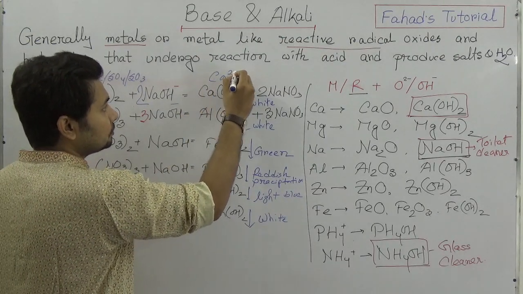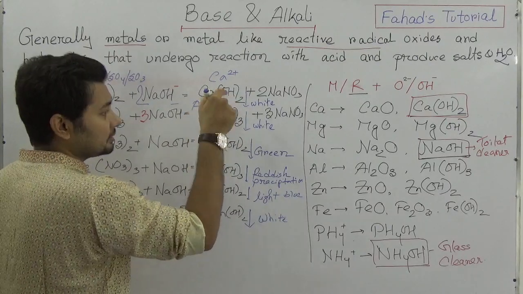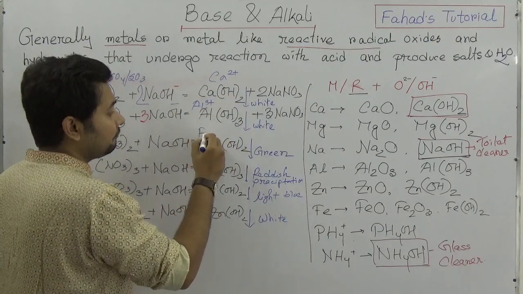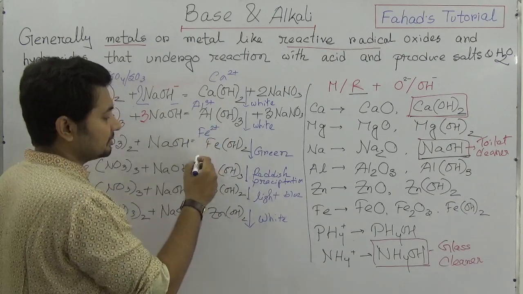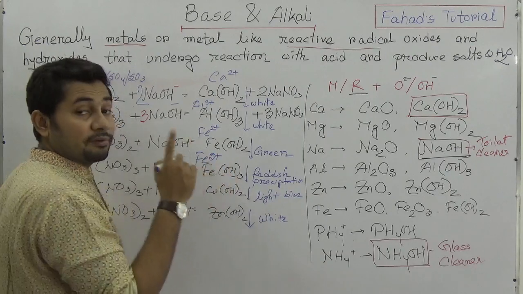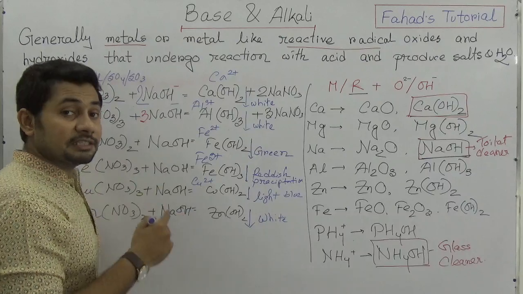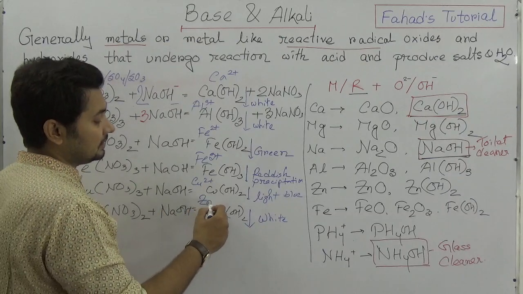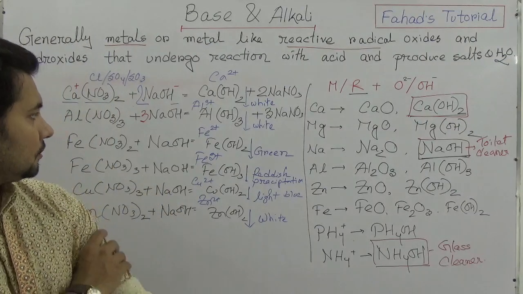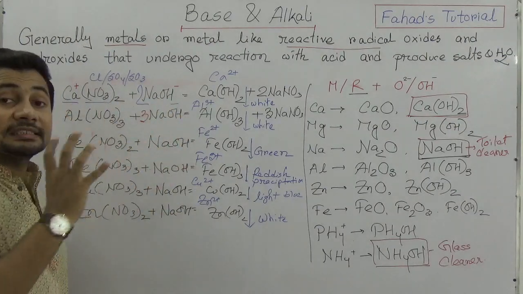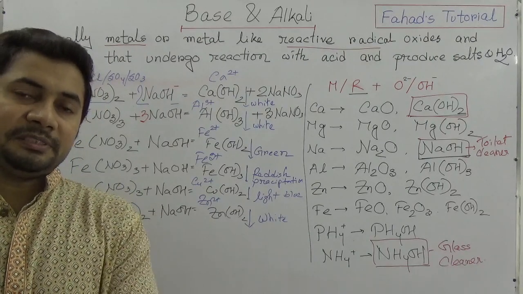So calcium 2+ will have a white precipitate, aluminium 3+ a white precipitate, ferrous a green precipitate, ferric a reddish brown precipitate, copper 2+ a light blue precipitate, and zinc a white precipitate. This is very important for identifying the color of the precipitates.